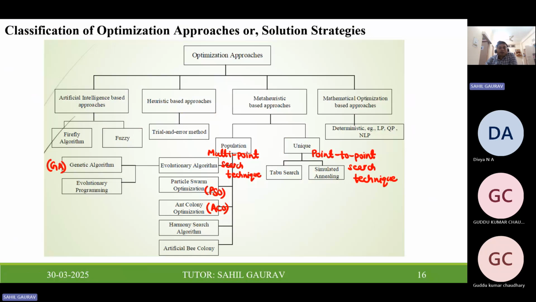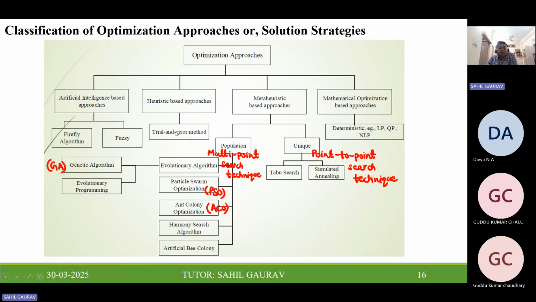Optimization approaches can be of these four types: artificial intelligence based approach, heuristic based approach, meta heuristic based approach, and mathematical optimization based approach. In the artificial intelligence based approach, we have firefly algorithm and fuzzy algorithm.